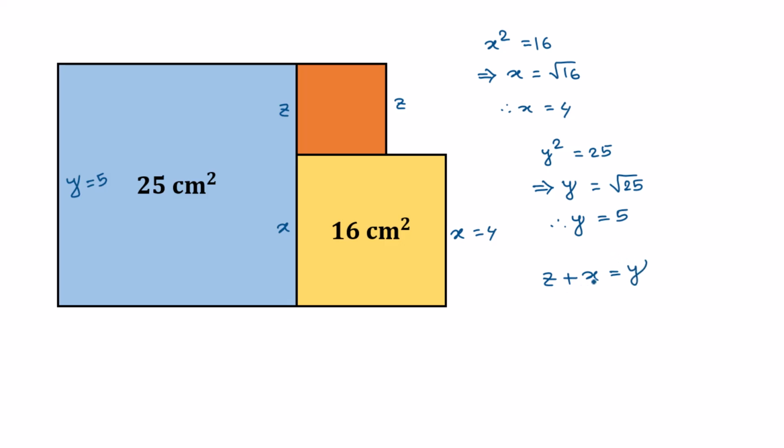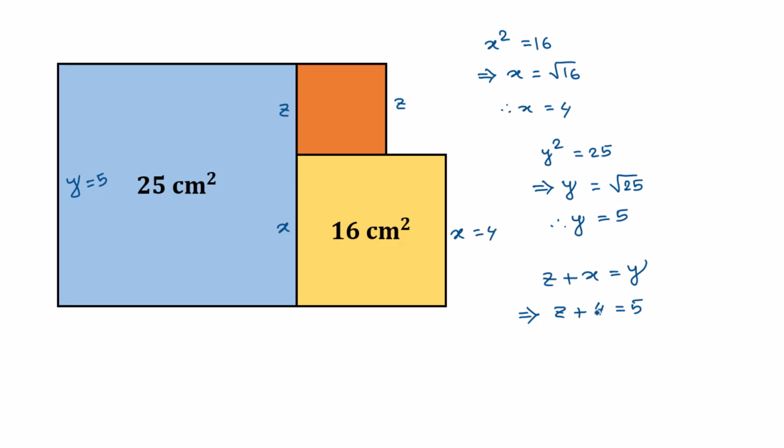Now substituting the value of x and y, we will get the value of z. So we can write z plus the value of x, which is 4, is equal to the value of y, which is 5.